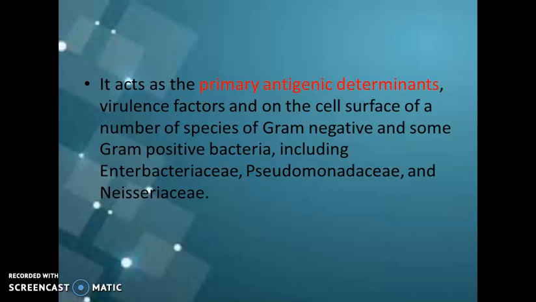Pili act as antigenic determinants especially in bacteria of the families Enterobacteriaceae, Pseudomonadaceae and Neisseriaceae. The suffix -aceae denotes a family.